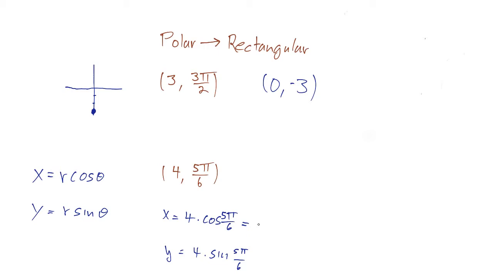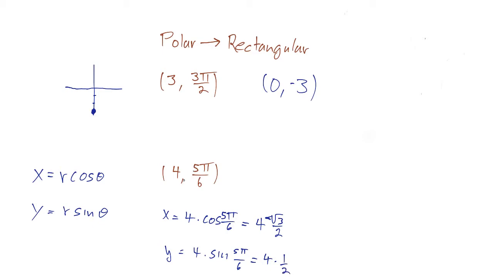Cosine of 5π/6 is negative root 3 over 2, being in the second quadrant. And sine of 5π/6 is positive, it is 4 times positive 1/2.